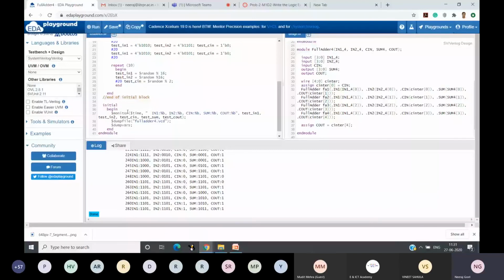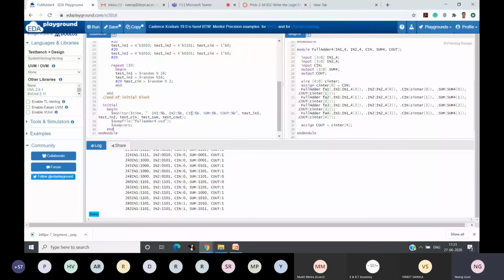That's why instead of display, today I'm using monitor, so that we can see how monitor works. In monitor, the additional thing I'm doing is writing $time and then a space, then in1 %b, in2 %b, cin %b, and test output 2.